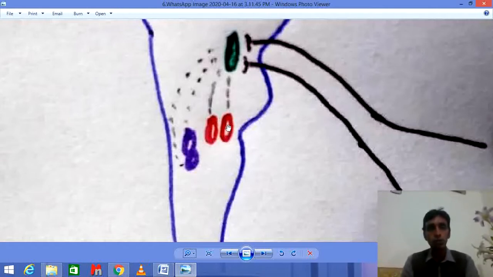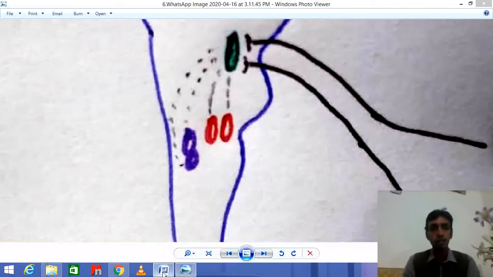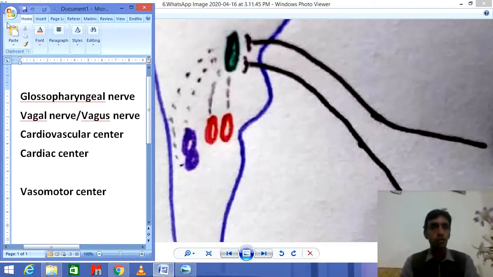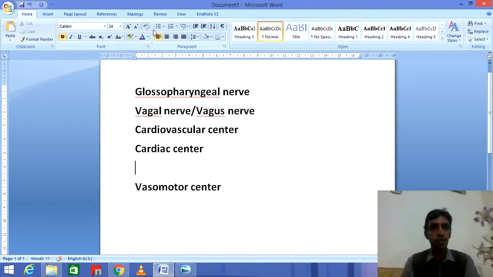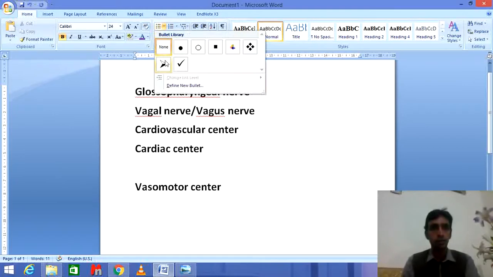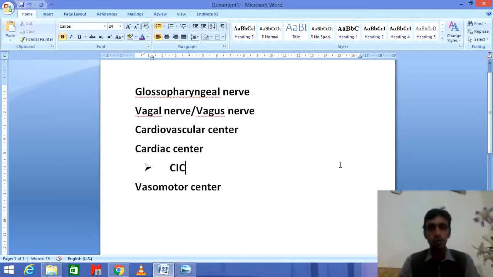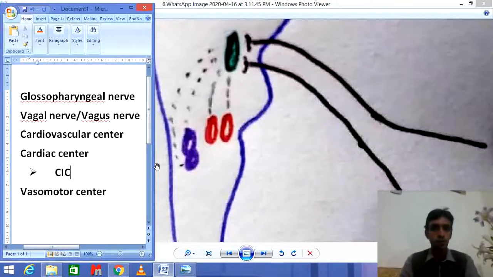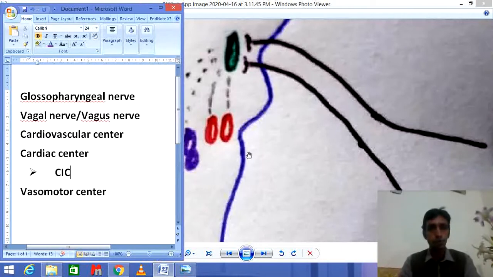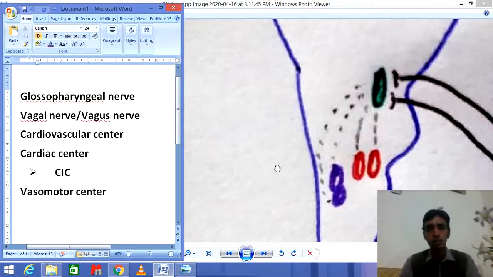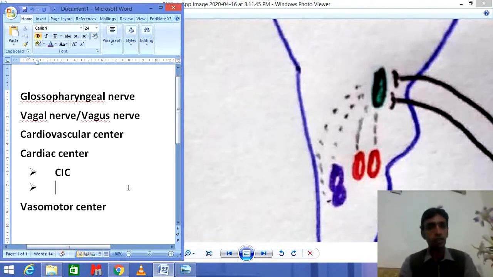The nucleus in proximity with the Tractus Solitarius is called CIC, and this one is called CAC.